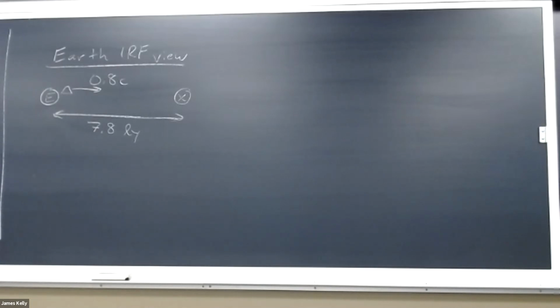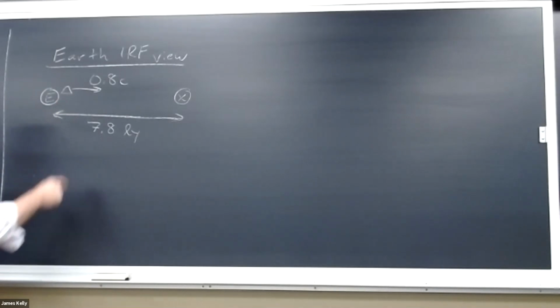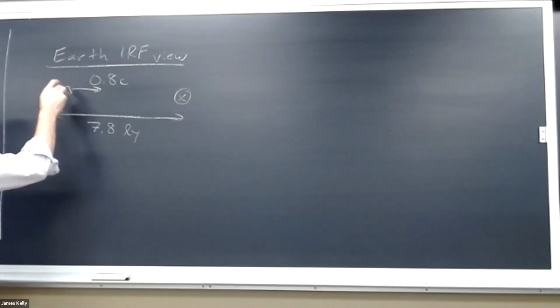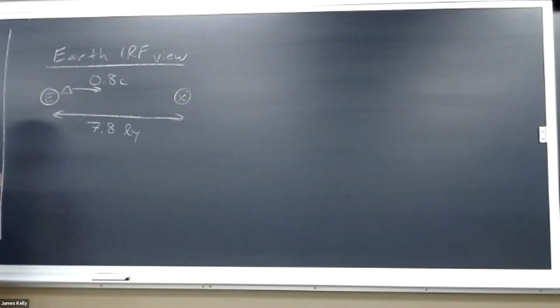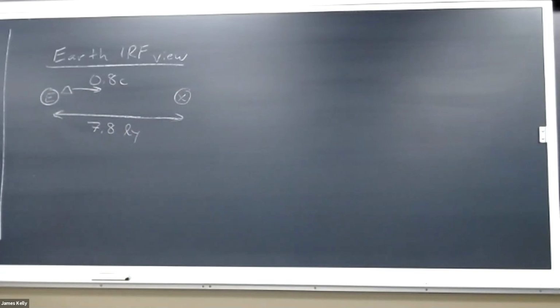Normally, we don't hesitate to say, oh, I know what's going on now on Mars, but it can make a difference if you're going to compare with someone who's moving really quickly with respect to you. So from here, there's an event: the ship leaves Earth. That's the description of an event. In the Earth's IRF, there's something happening simultaneously over here. And it's what? An asteroid collides with planet X.